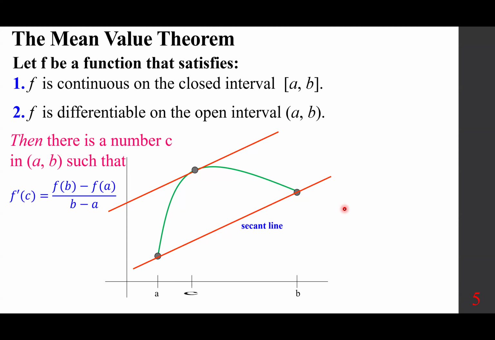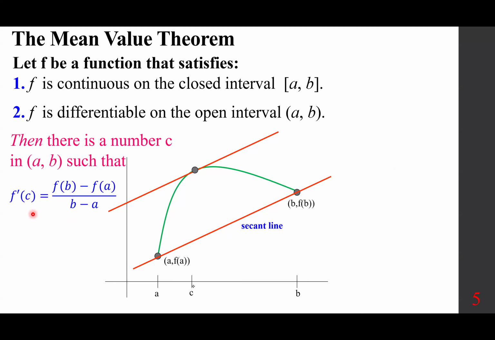So this has coordinates a, f of a. This has coordinates b, f of b. So what is this? Rise over run. This is the slope of this line, which is known as the secant line. F of b minus f of a over b minus a represents the slope of the secant line. There has to be some line in between a and b that is parallel to that.